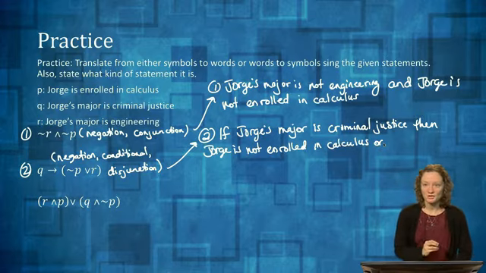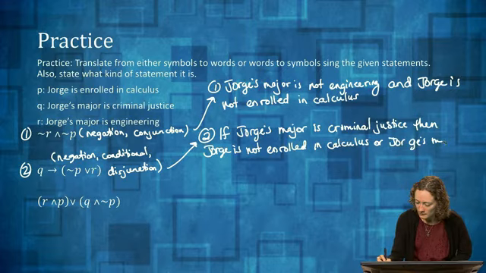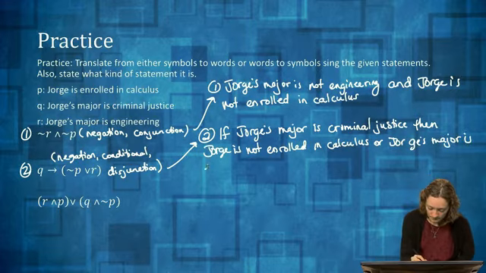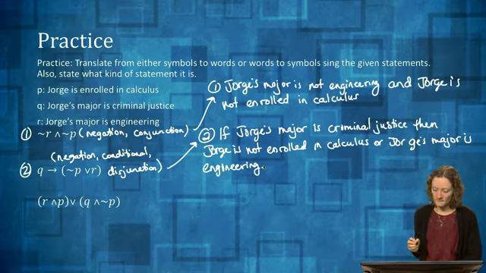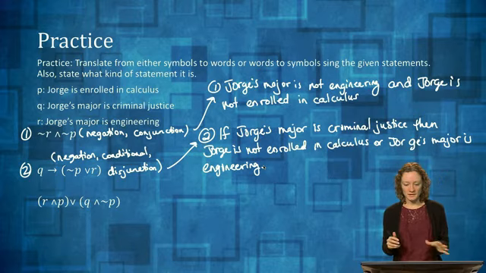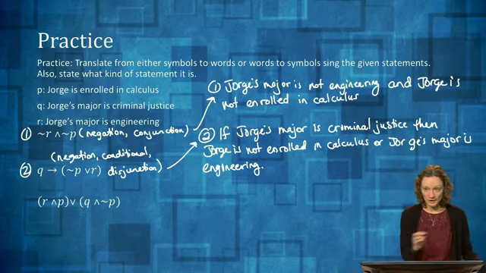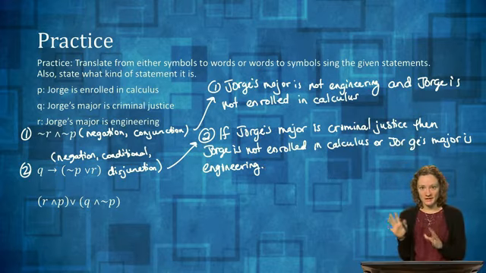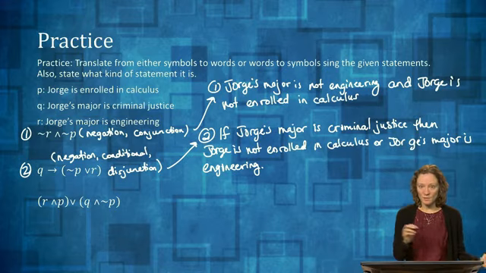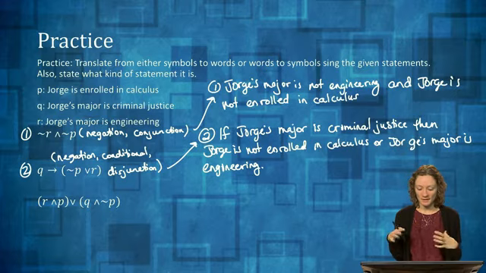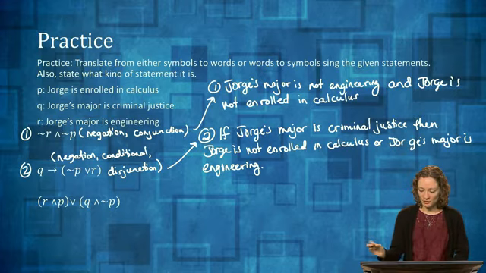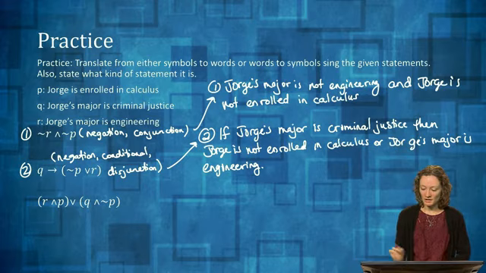Or R, George's major is engineering. And there's one thing missing from this. There's a parentheses, so this tells us that a comma has to go somewhere. And we want to separate the ideas. We want the two ideas, negation P or R, to be read in the same breath. So if George's major is criminal justice, then George is not enrolled in calculus, or George's major is engineering.